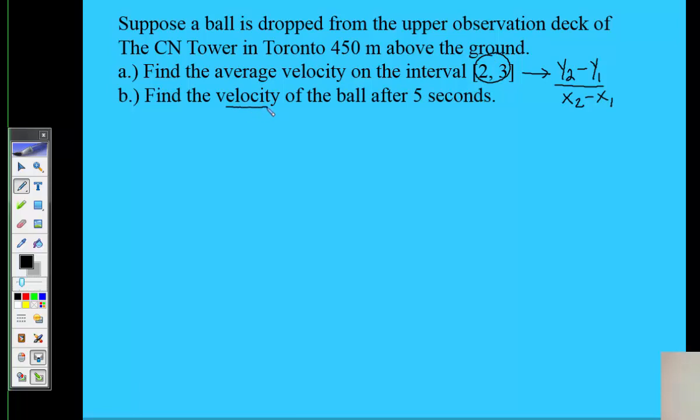Now for the velocity at 5 seconds, that's our instantaneous velocity. We want to know the velocity at that instant. So that's the slope of the tangent line. So whenever we see an average velocity, we should be thinking slope of a secant line. When we want to find an instantaneous velocity, or the velocity at a particular point, that's the instantaneous velocity.